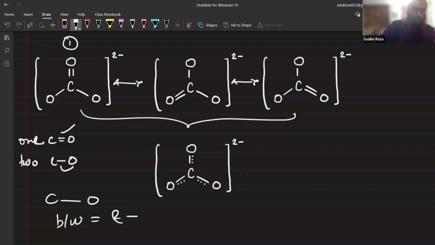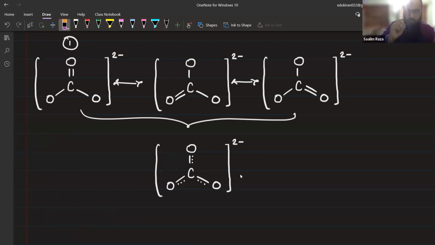So when we have structures that cannot be explained by only one Lewis dot structure, and we have to make multiple Lewis dot structures to explain it, we call that phenomenon resonance, and the individual structures we call resonating structures. Then we have the hybrid, which is the real structure, the resonance hybrid structure.